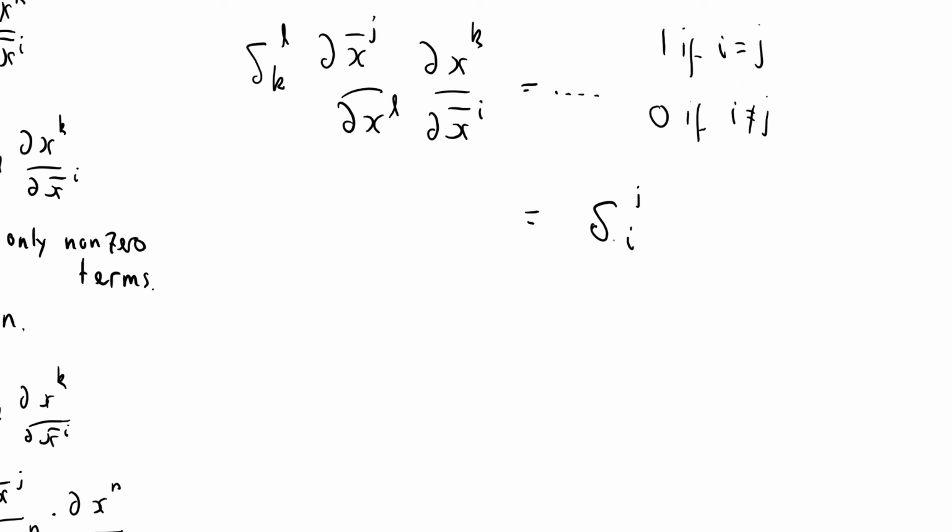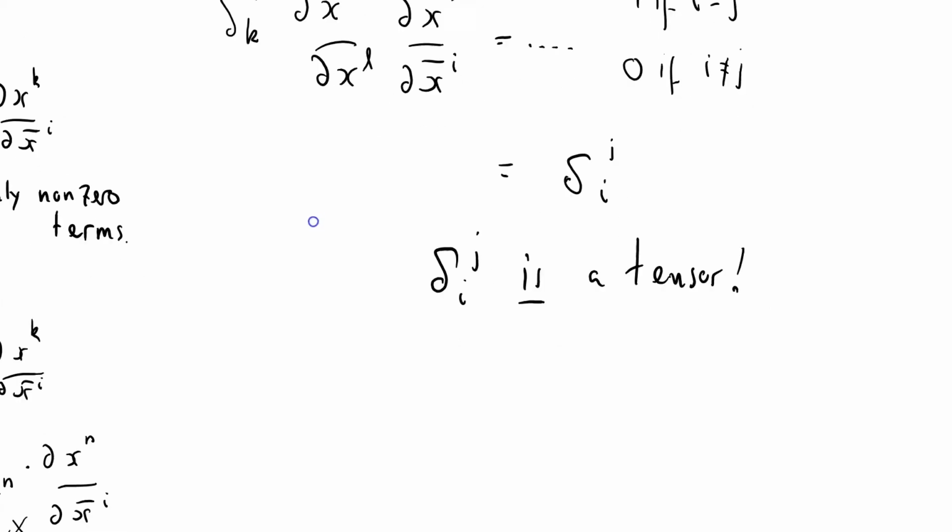So that tells me that the Kronecker delta is a tensor. Delta ij is a tensor, and it's a tensor that transforms to itself under coordinate transformation. It's not a physical tensor. It's not something you can go out and measure. It's just a property of, I guess, space.